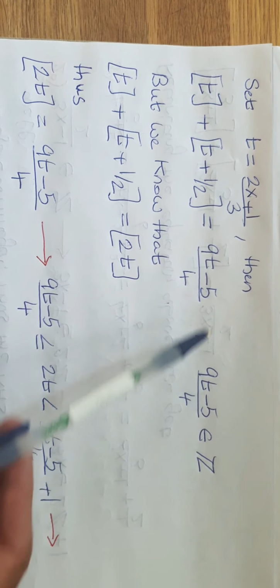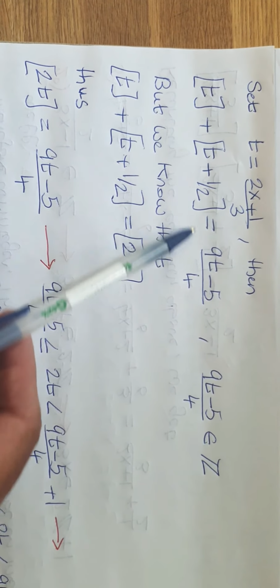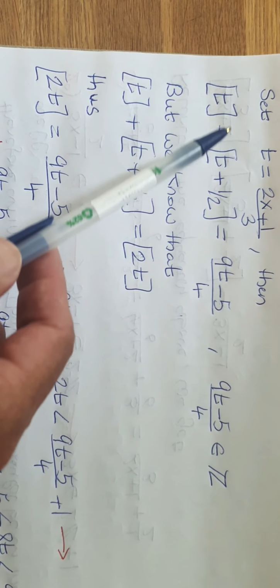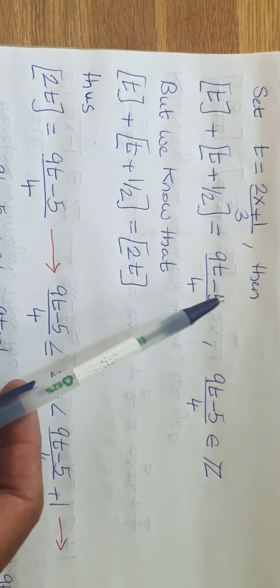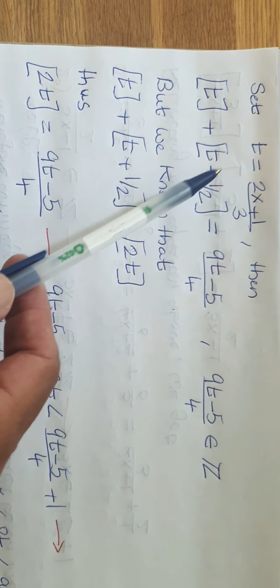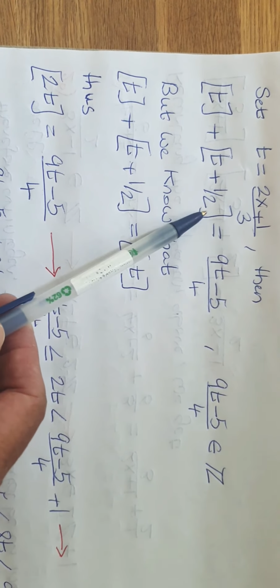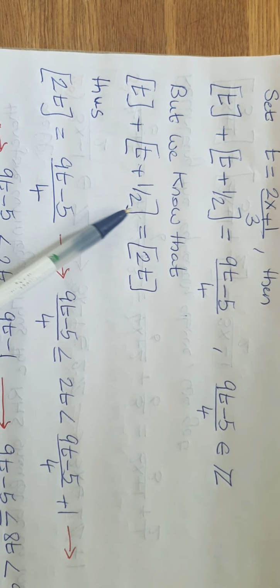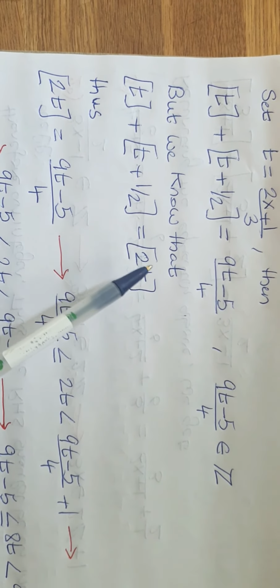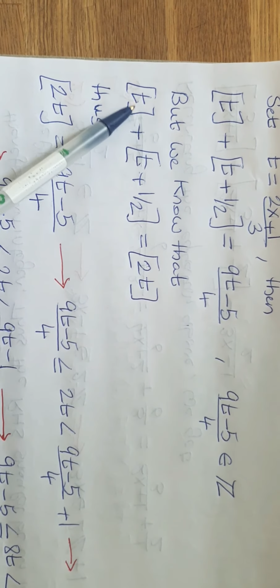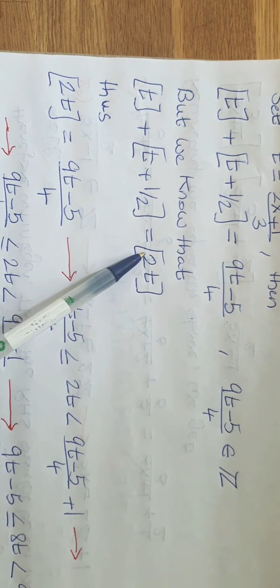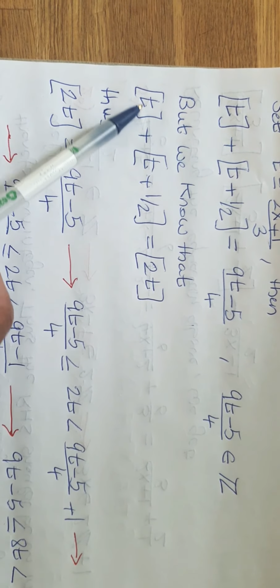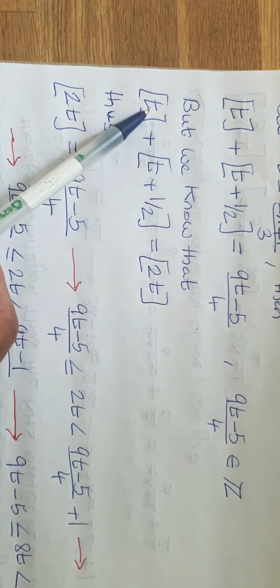Now we have a new equation here. It's still the same equation, but the difference is that I can show that the left-hand side is equal to the integer part of 2t, and this is done in a video that I made half an hour ago. So I proved this equality.